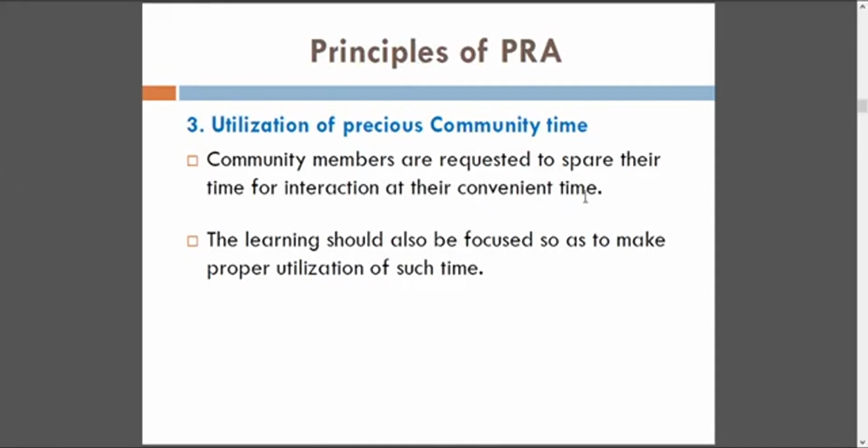Don't insist on engaging them in the morning, from 8 to 11 or 8 to 10, during a time when they are supposed to be doing their farm work. Because remember, when you go with a project, you're aiming at improving their livelihoods. So if you're interrupting what they are doing, then you're not doing good for them. So choose a convenient time, maybe afternoons when even the ladies have finished preparing food for the family. There they will concentrate more on the discussions that you're going to have.